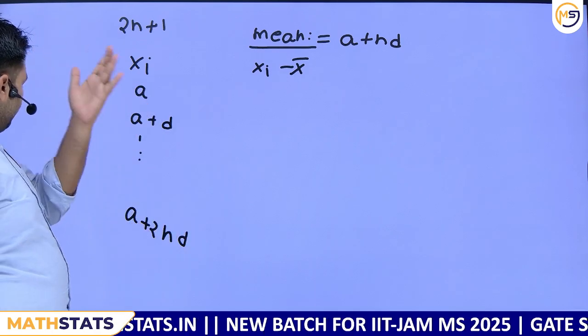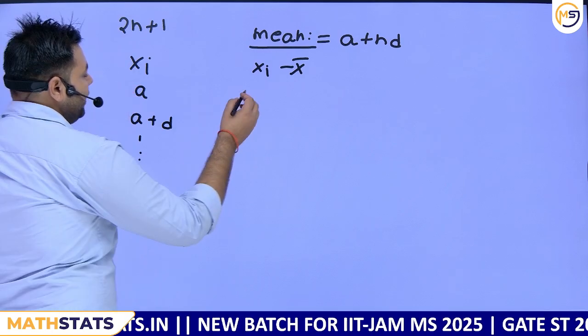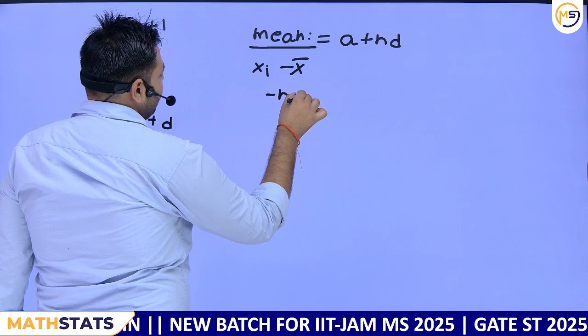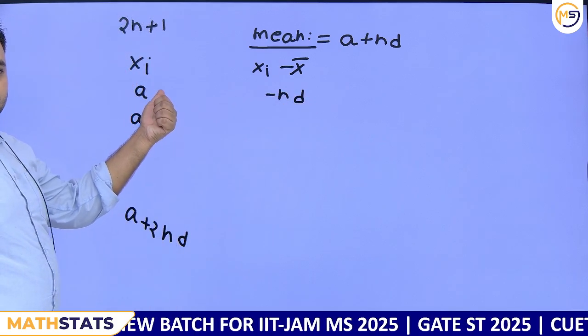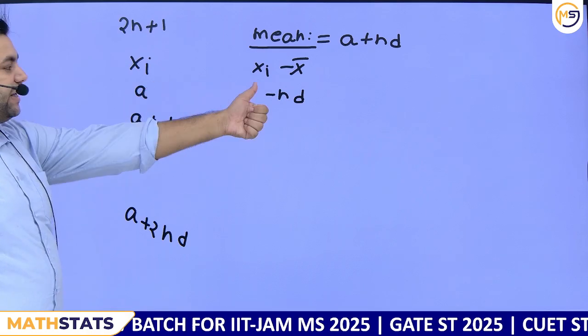So when we subtract the mean, you will get minus nd, right? When you subtract the mean, you will get minus nd.